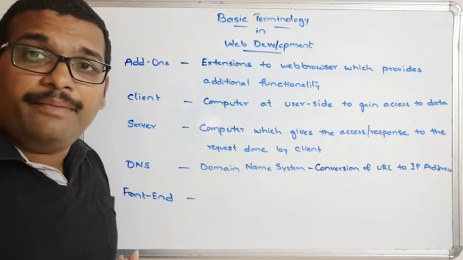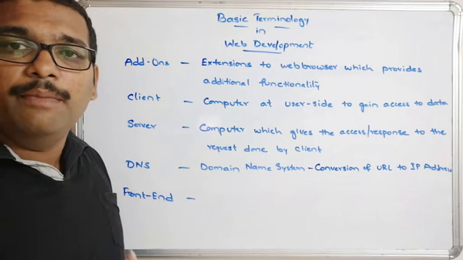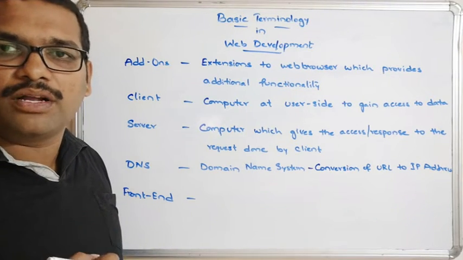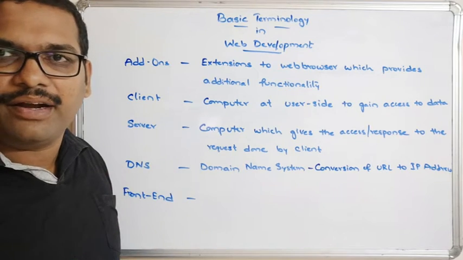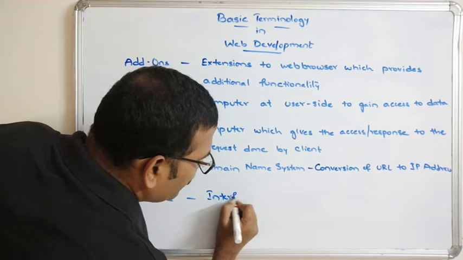Front end means whatever visible parts or visible elements are available to the user on the web browser is called the front end. Simply we can call it an interface.